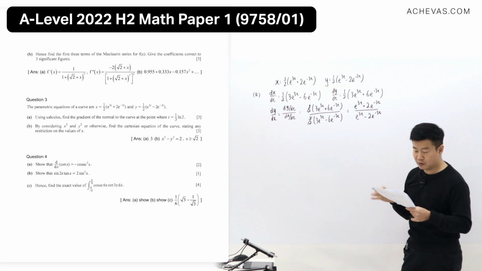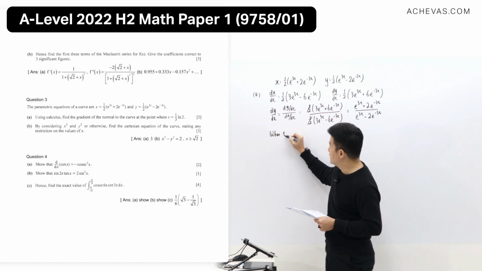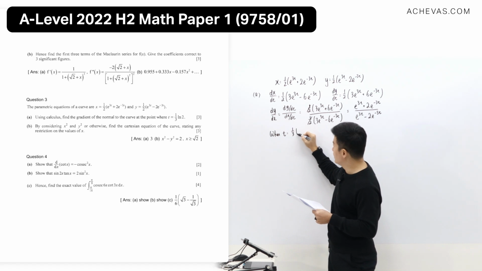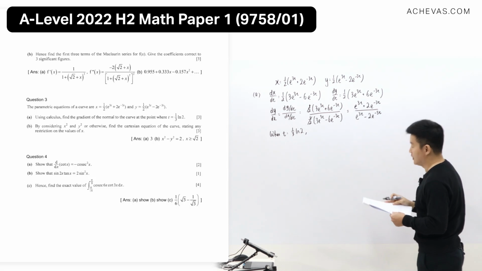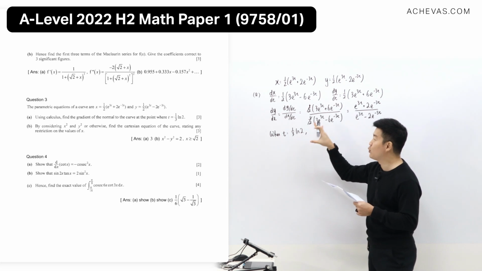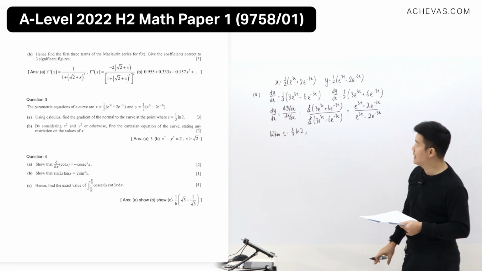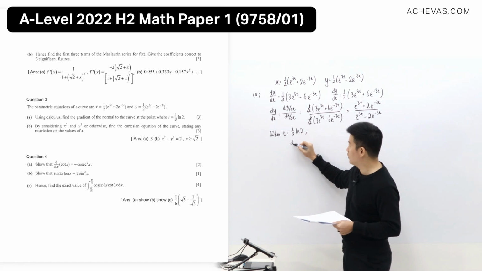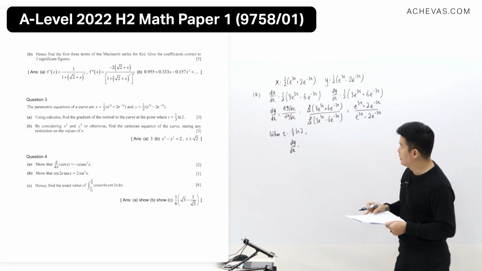I don't think I will try to simplify any further because I just want the numerical value of dy dx when t is equal to 1 over 3 ln 2. So when t is equal to 1 over 3 ln 2, let's find out what is the gradient of the tangent at this point.